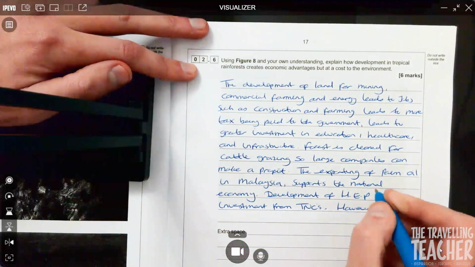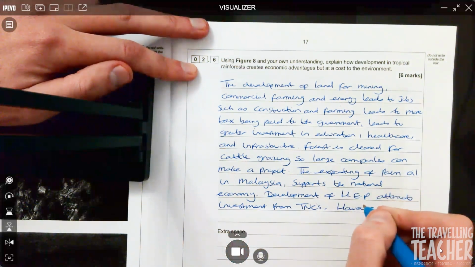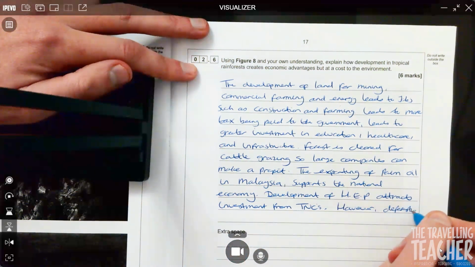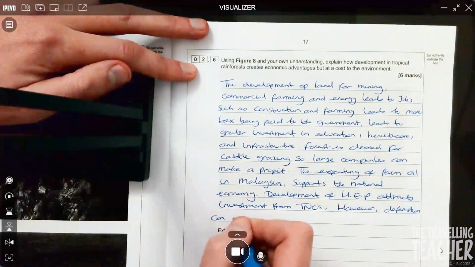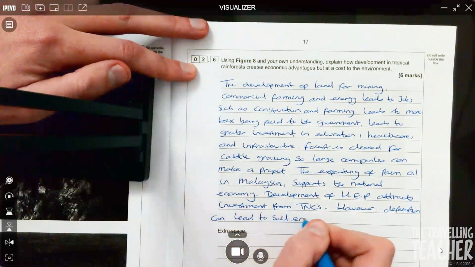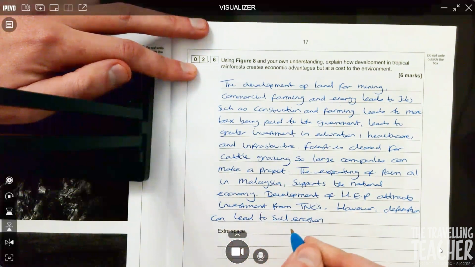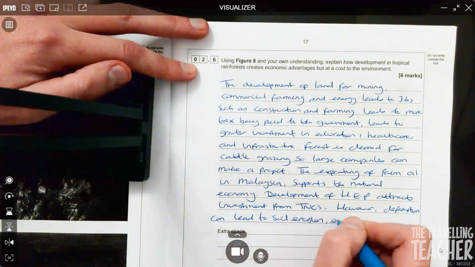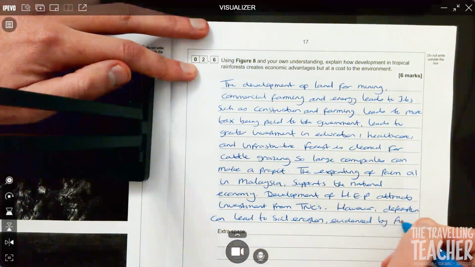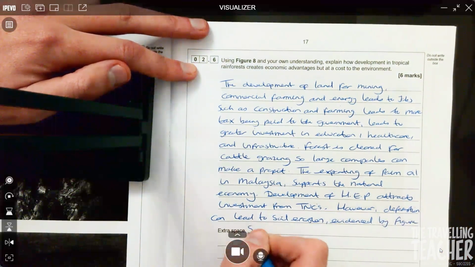However, deforestation can lead to soil erosion, evidenced by figure 8.